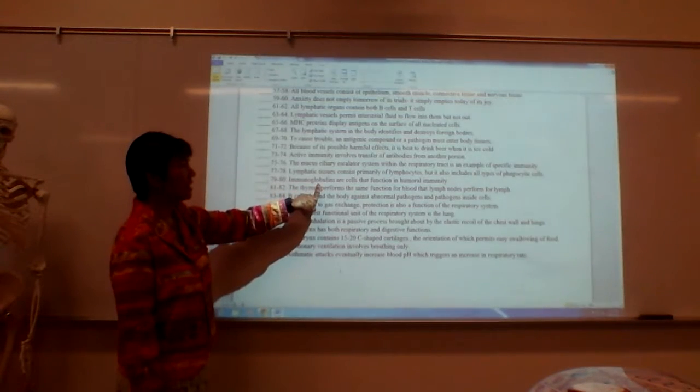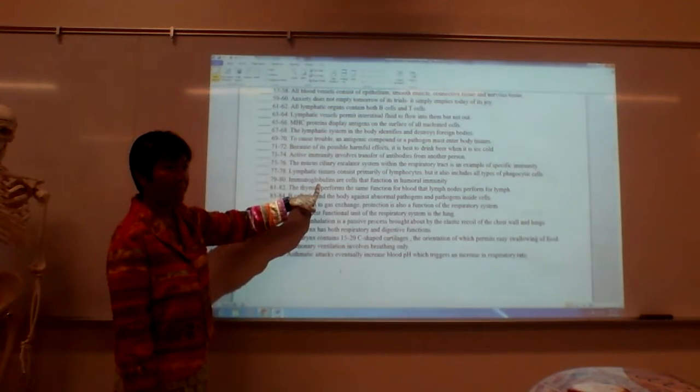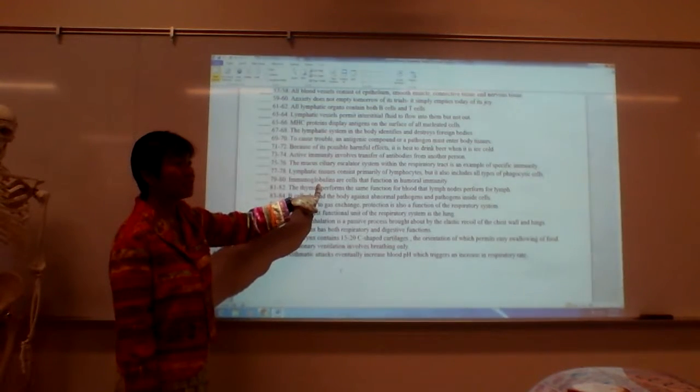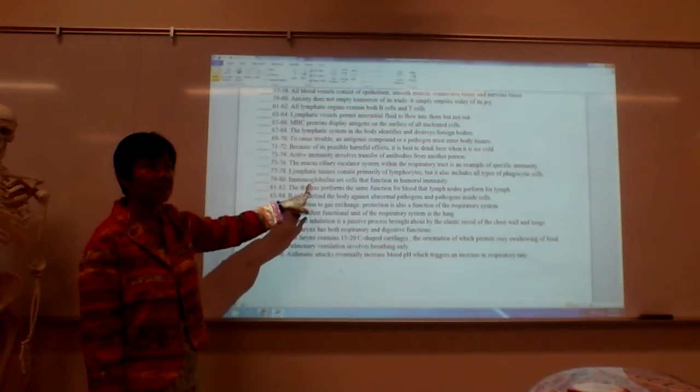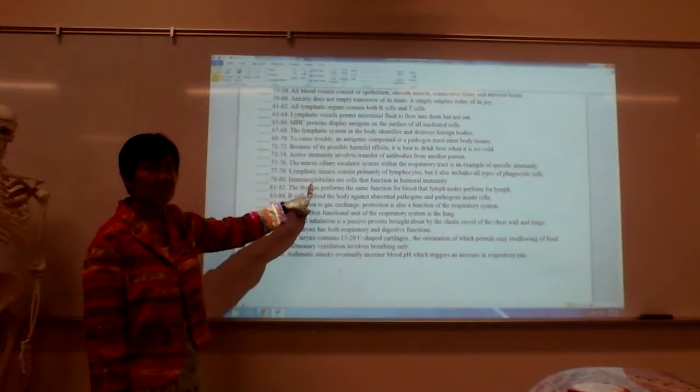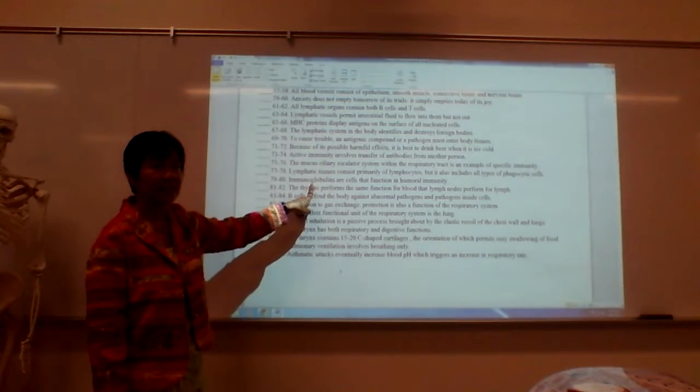Immunoglobulins are cells that function in humoral immunity. What makes this false? Yes, I know immunoglobulins function in humoral immunity, but they're not cells. Immunoglobulins are proteins. They are not cells.